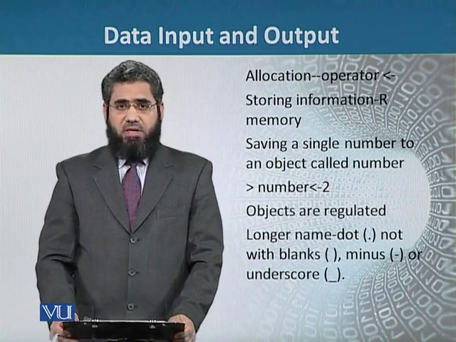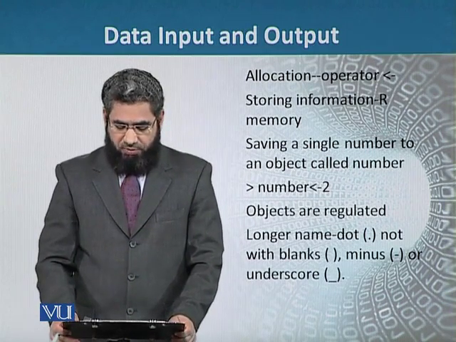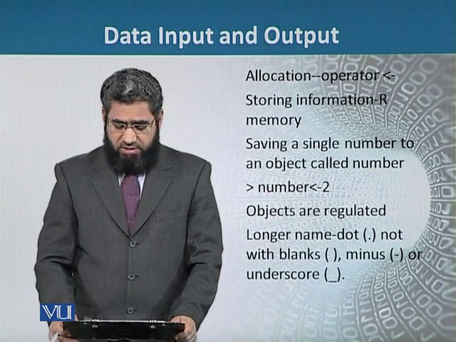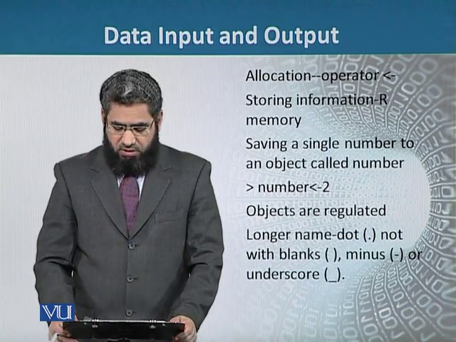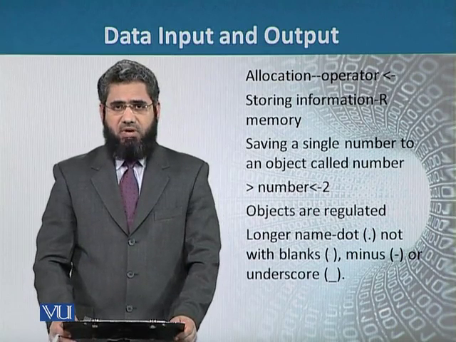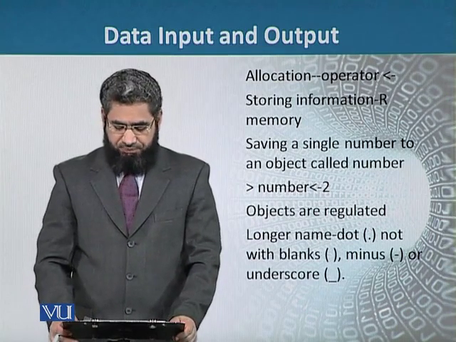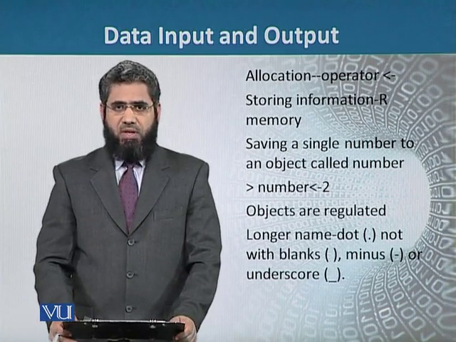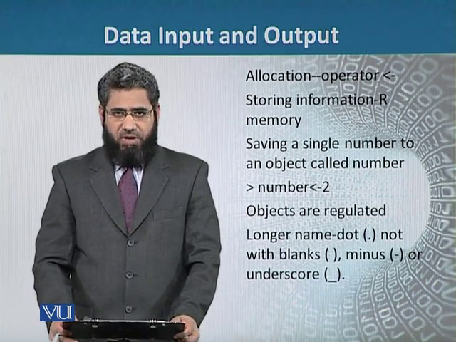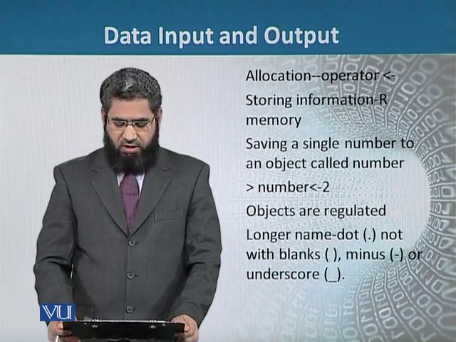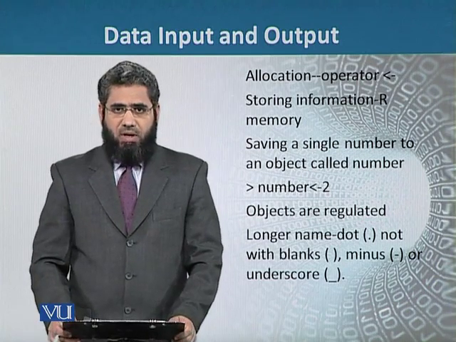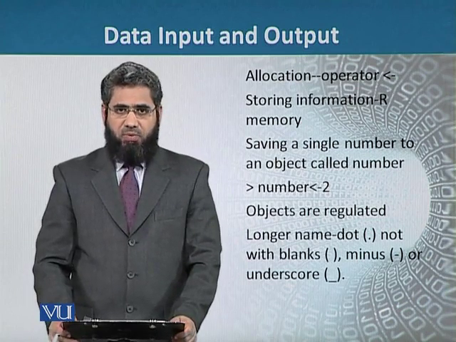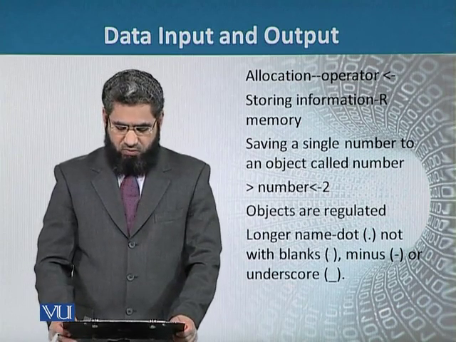So allocation is a sort of operator that can be used as the less than sign coupled with the minus sign, and this allocation is used to store information in an object that is present in the R memory. Whenever we use the allocation, the older object is overridden with the new one.